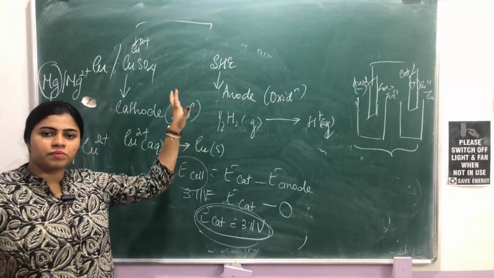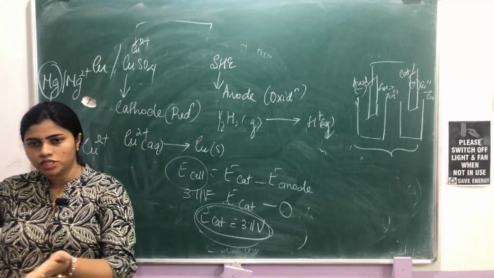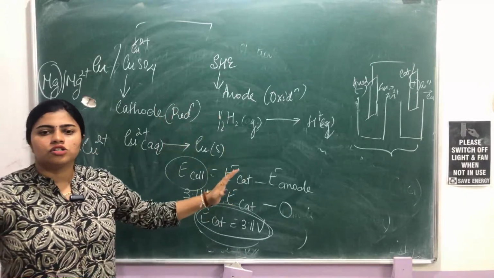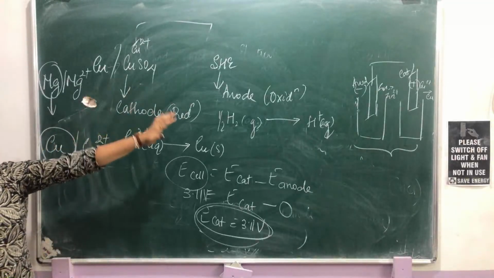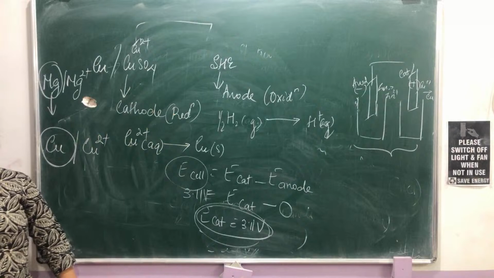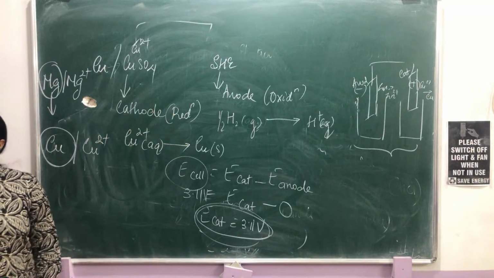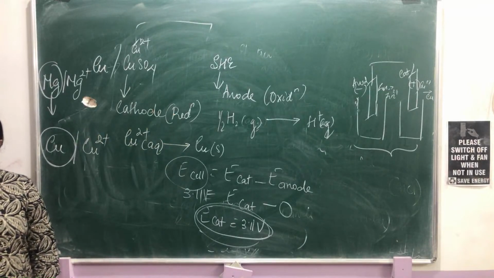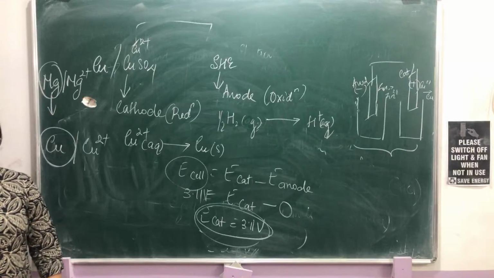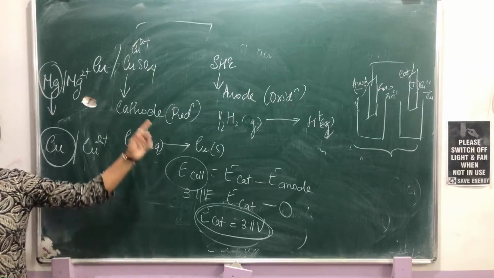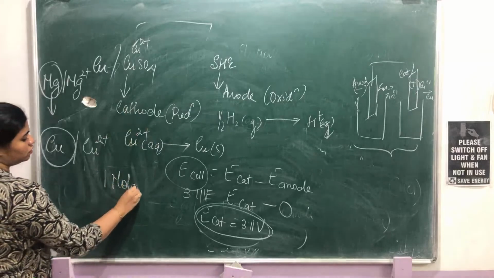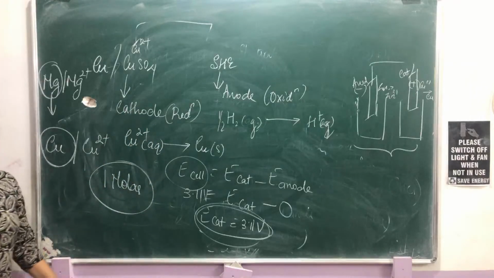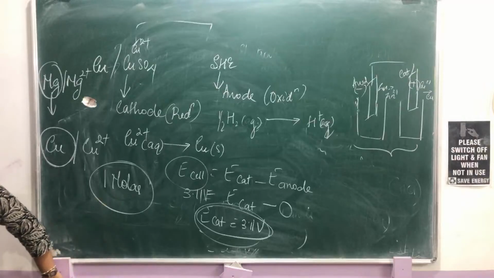Sometimes this much brief would not be there in your textbook, but you understand all this. If you realize one particular thing about these experiments, what was the concentration taken for both the electrolytes? 1 molar. This kind of experiment is only possible when the electrolytes are of 1 molar concentration.